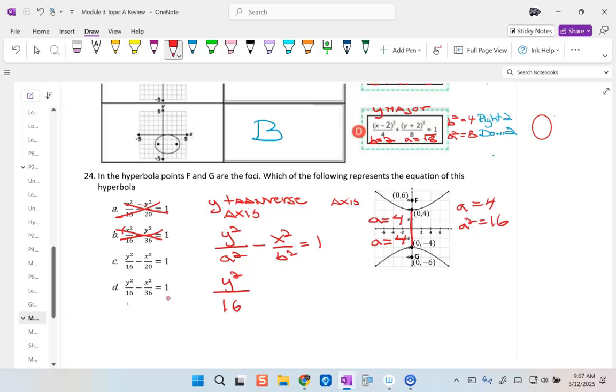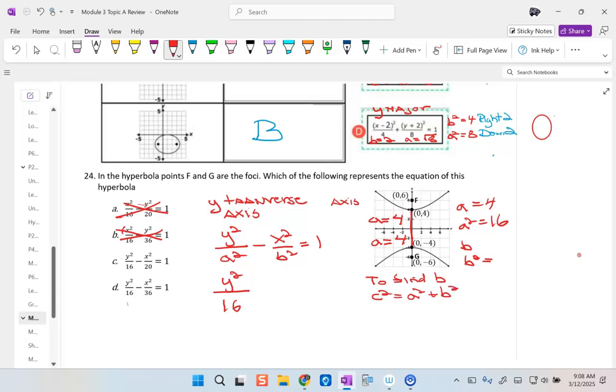All right, now to get the other value, that's your B squared. So in this problem, to find B, we use the Pythagorean identity for a hyperbola, which is C squared equals A squared plus B squared.